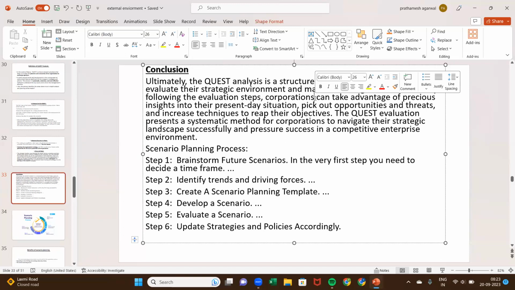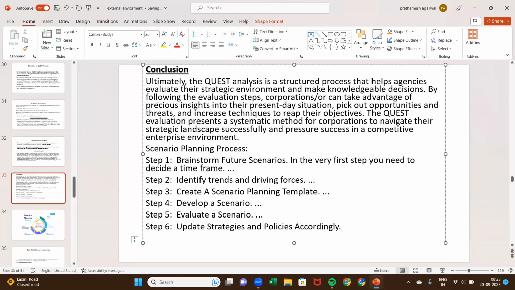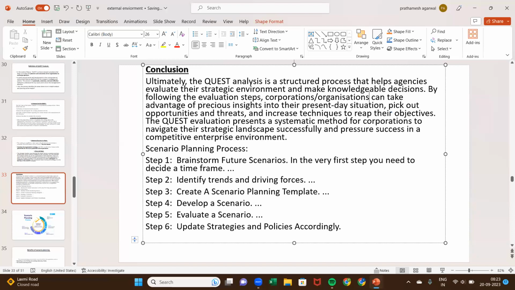To make it easier, I will put organizations. Organizations can take advantage of precious insights into their present day situation, pick out opportunities and threats, and increase techniques to reach their objectives.